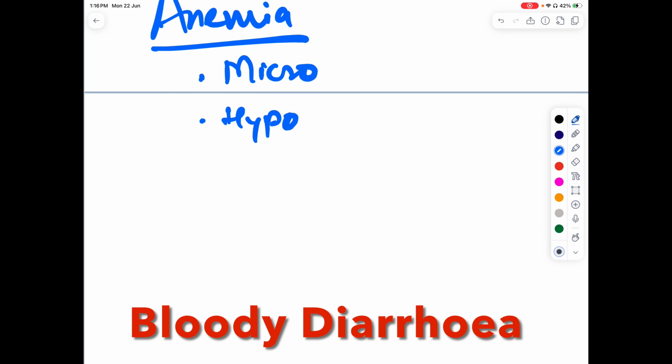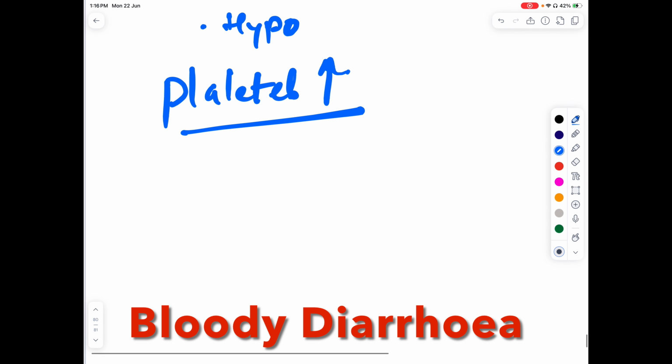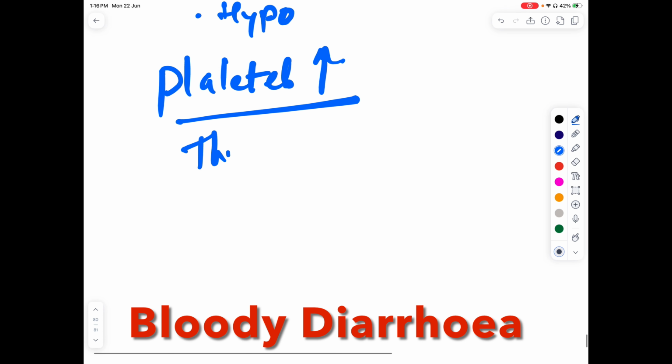What comment on this platelet count? Maybe elevated. Platelet is high, WBC high, and platelet is high because of dehydration and hemoconcentration. What are causes of thrombocytosis in this case? So why are platelets increased? So it is called thrombocytosis.